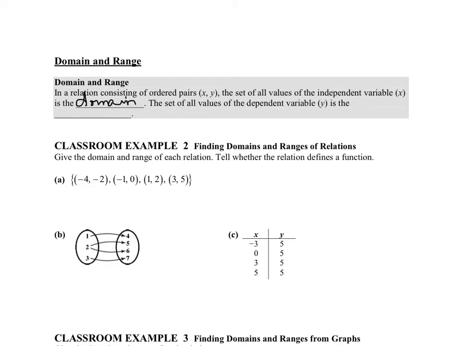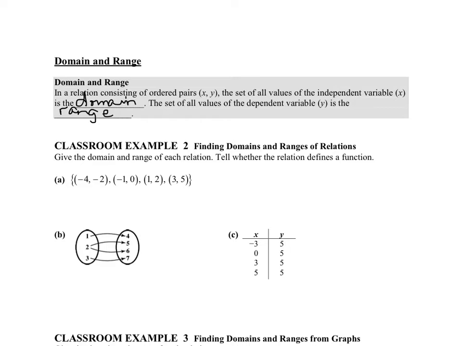That means if we were to list all the values of the dependent variable y in a set, it is called the range. And you will be asked to identify domain and range, and whether it is a function, for a variety of things in this section and on this chapter test.